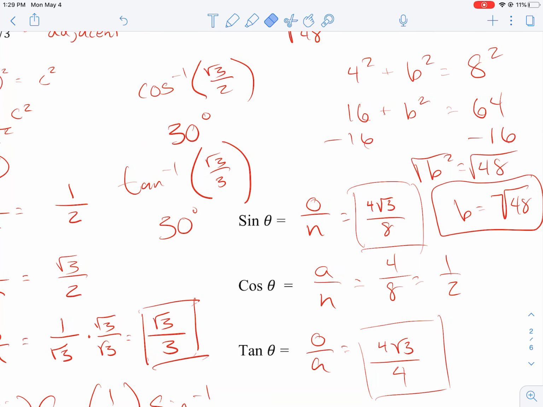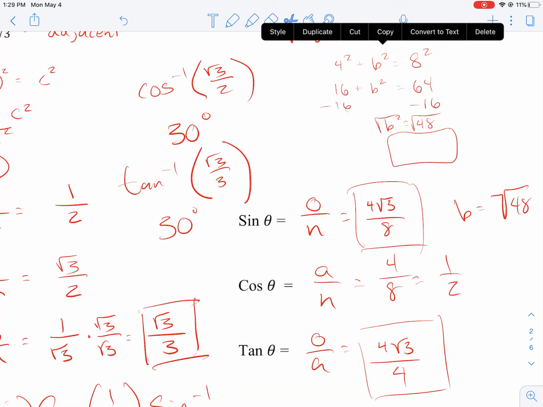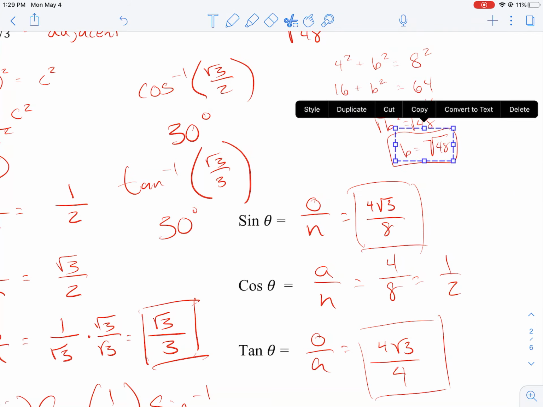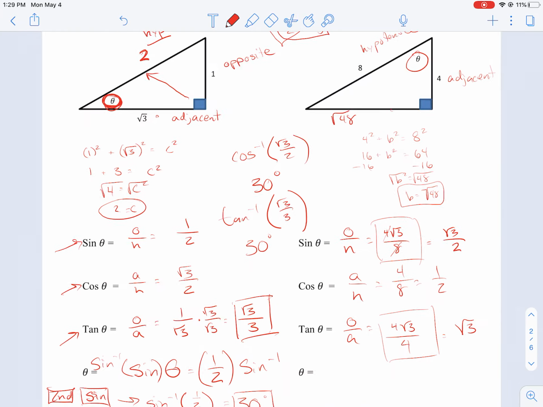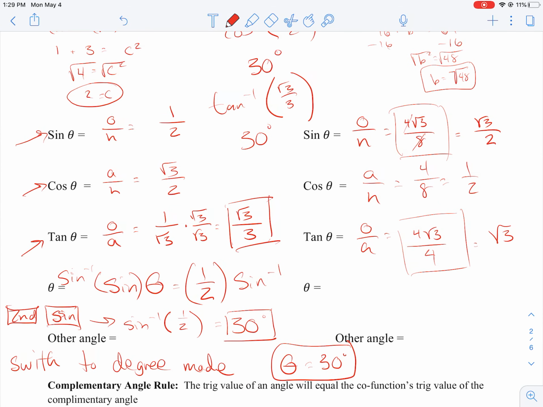So let me shrink that up there. So this is equal to, you can simplify that. So we're going to have square root 3 over 2. And this is going to be the square root of 3. So, our last problem here is we've got to figure out what theta is.